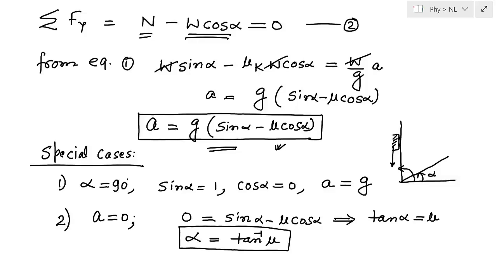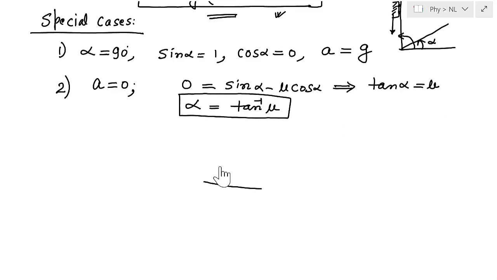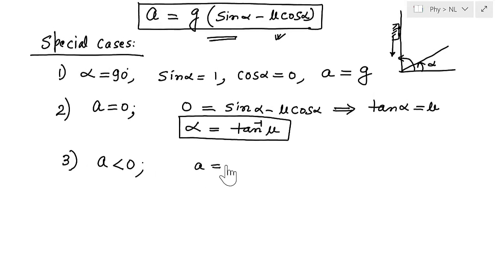Now the third possibility, when the acceleration can be negative. Acceleration is nothing but g sine alpha minus mu cos alpha.